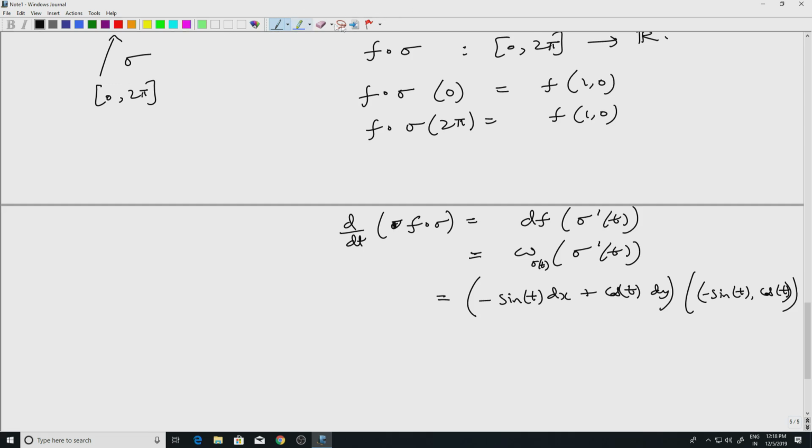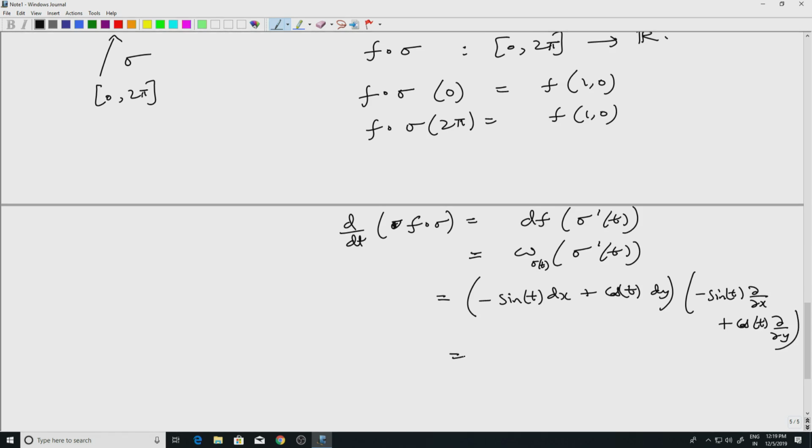It's better that I write it using the tangent vector notation: minus sine t del by del x plus cos t del by del y.